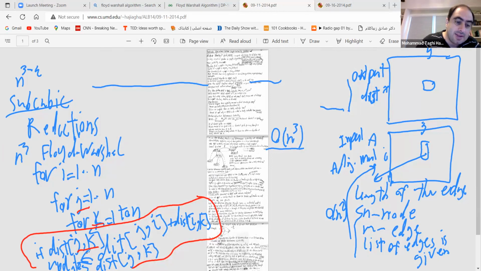If the distance between j and k is, sorry, that should be actually greater than or equal. Because of the triangle inequality, we know that the distance from j to k should be less than or equal to distance from j to i and then from i to k.